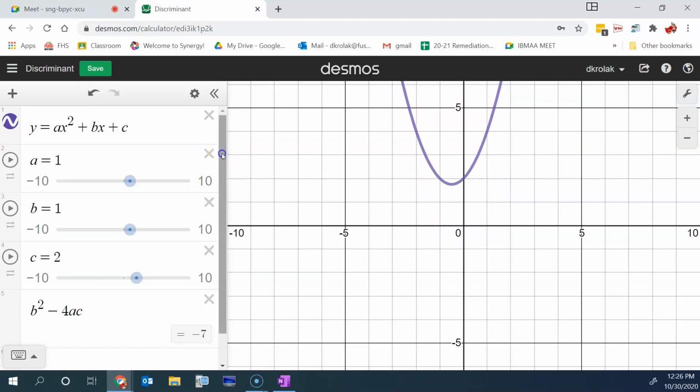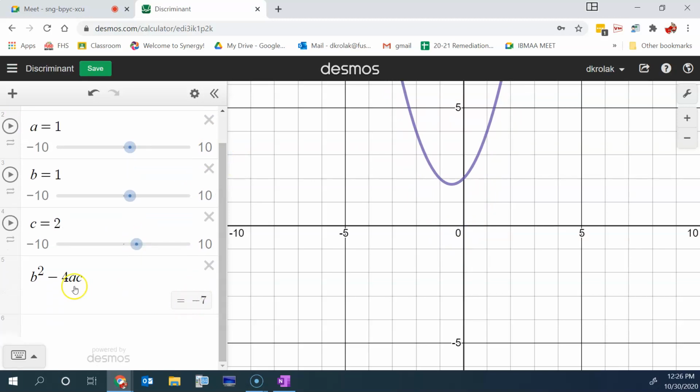All right, now look at the discriminant. It's calculated right down here. So this would be 1 squared minus 4 times 1 times 2. So the discriminant is negative. How many real roots does this have? None, because it doesn't cross the x-axis.